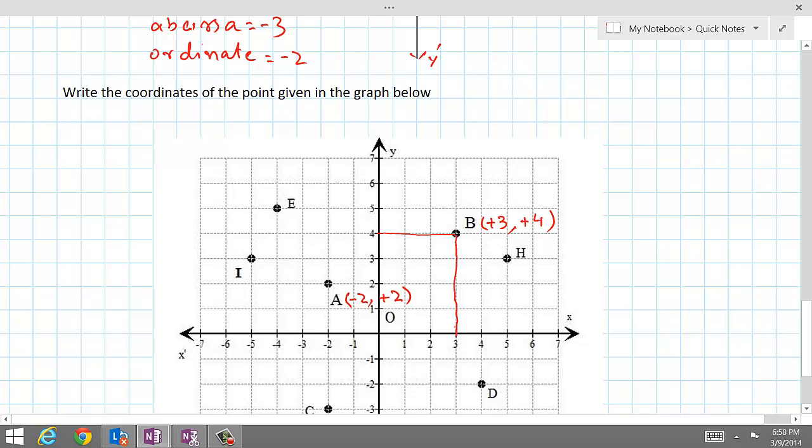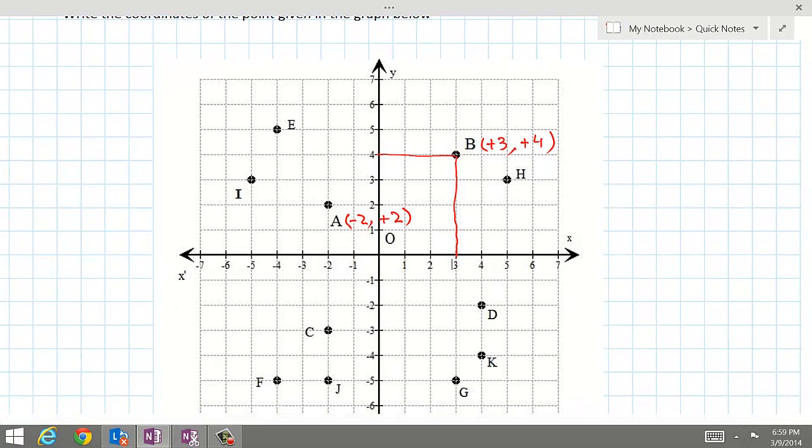And similarly, A, B, and now where is the point C? The C is right here. C is to the left of the y-axis, therefore it is minus. How far is it? 2 units to the left, so -2, and it is below the x-axis by 3 units, 1, 2, 3.